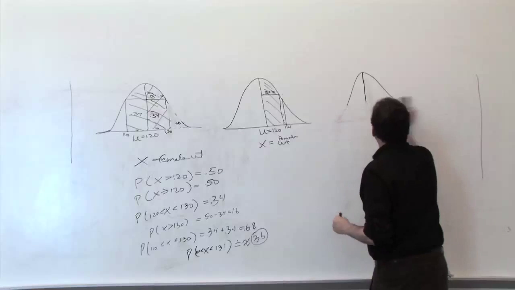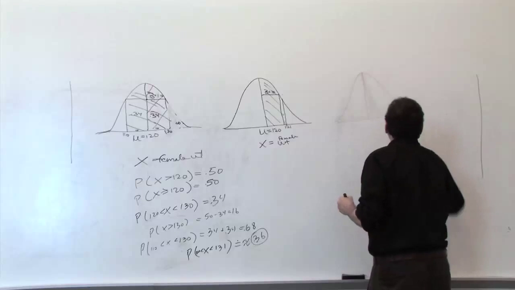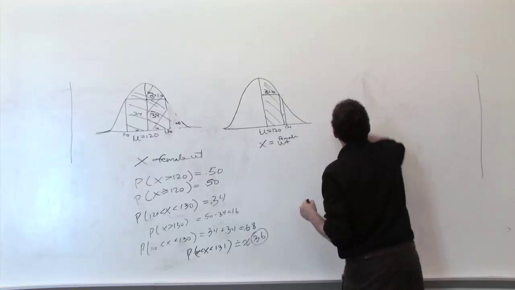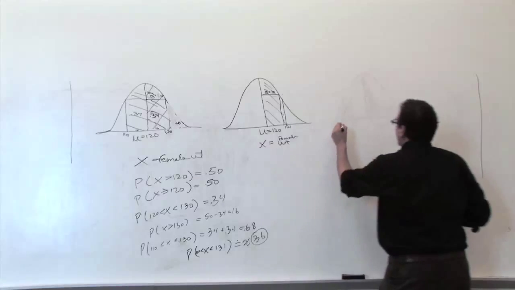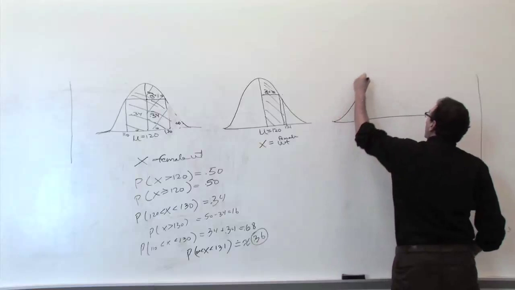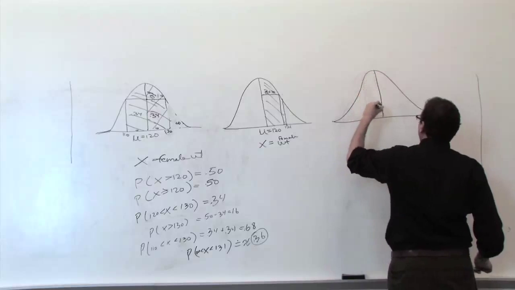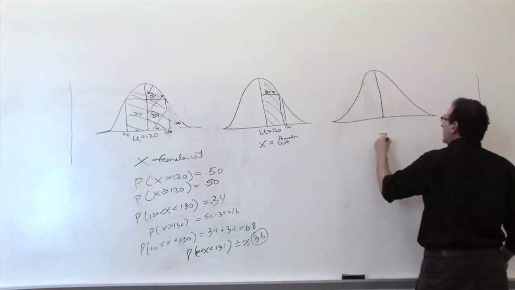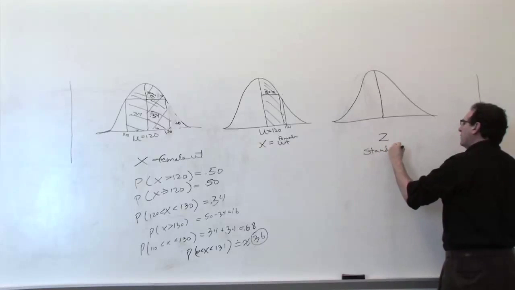I should do a better job of that. It's called the Z. And the Z is a standard normal distribution.